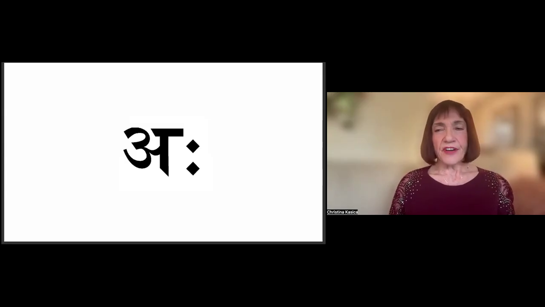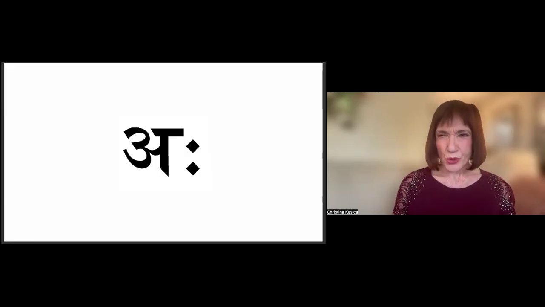And it's more of a vowel marker, but it's always associated with a vowel, so we group it in with the list of vowels. And it's called visarga. What it does is it adds a breath sound to whatever the vowel is before it. Sometimes it's associated with a consonant, but not usually.